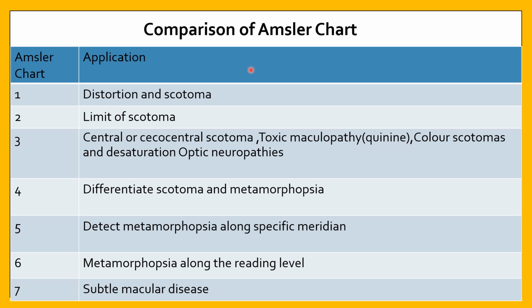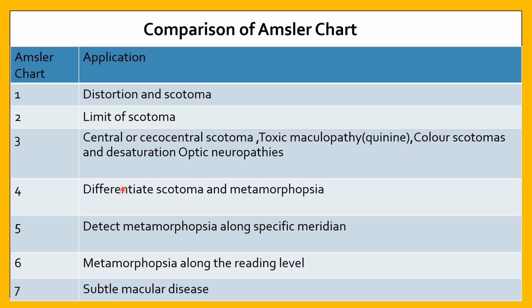Comparison of the Amsler charts: through chart 1 we can detect the distortion and the scotoma, and with the help of chart 2 we can detect the limit of scotoma, and with the help of chart 3 we can detect the central or paracentral scotoma, toxic maculopathy caused by quinine and its derivative, and the color scotomas and the color desaturation of the optic neuropathies.